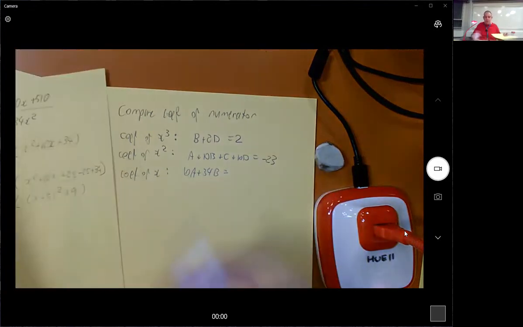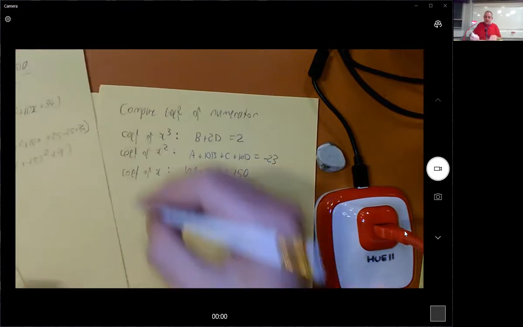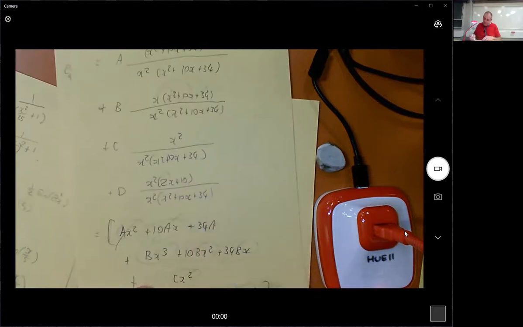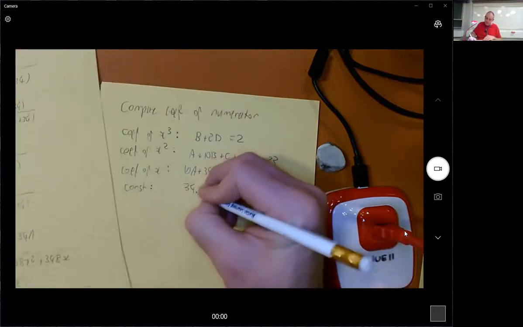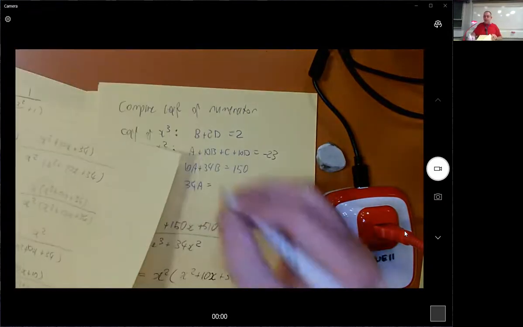And that's supposed to come out to 150 according to my original function. And then the constant term is 34a. And that's supposed to come out to 510.